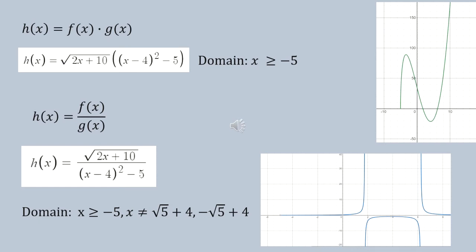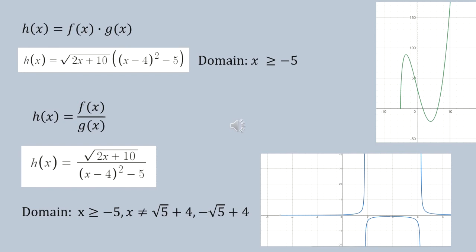So those two values would make the denominator equal to 0. I would create division by 0. So those two values need to be removed from the domain of the quotient.